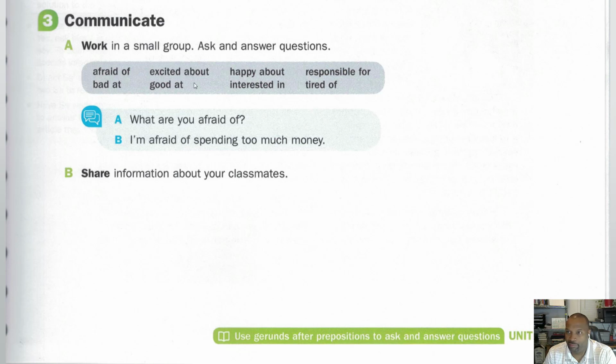I'm excited about reading a new book. What are you happy about? I'm happy about spending time with my family.